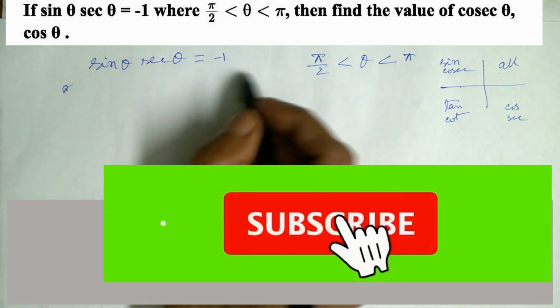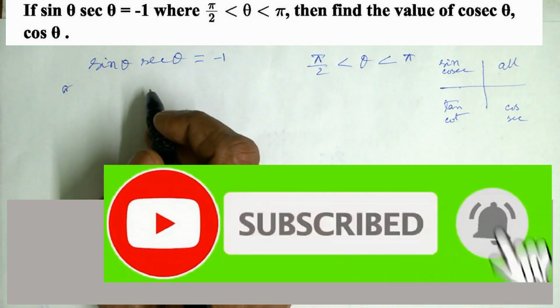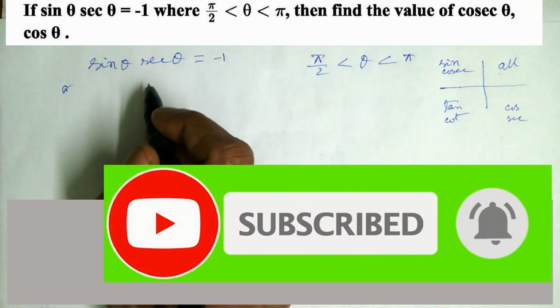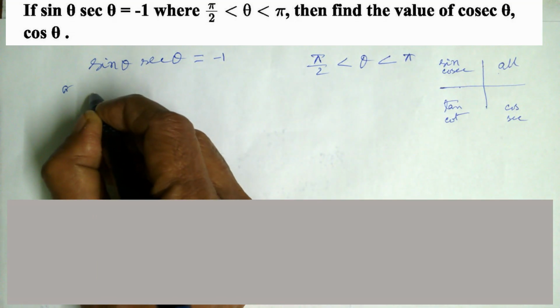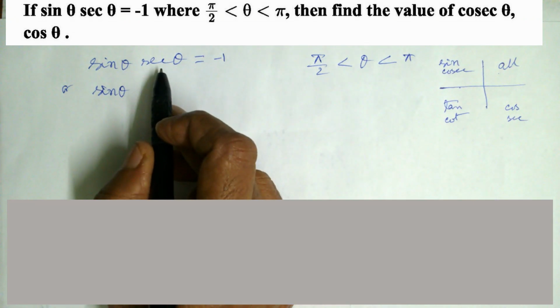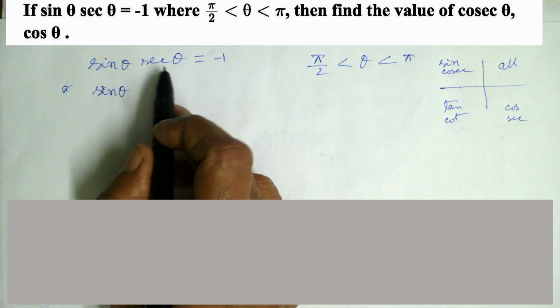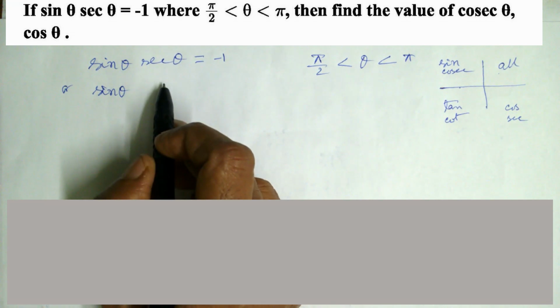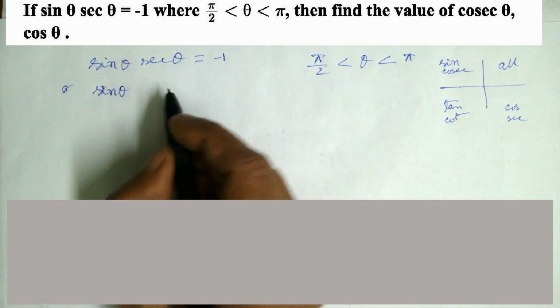Now try to solve this equation, that means trigonometrical equation. To do that, in sin theta, write sec theta by its reciprocal cos theta, that means sec theta is equal to 1 by cos theta.